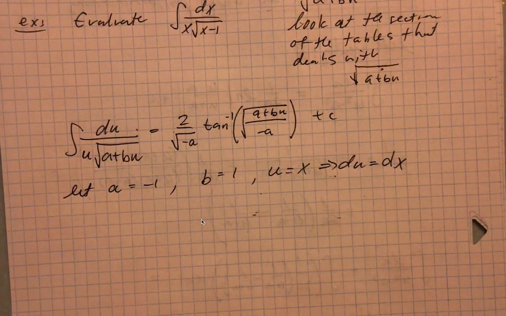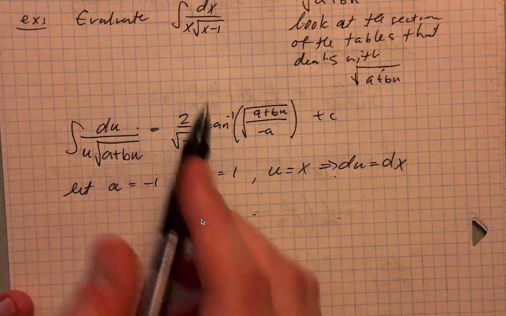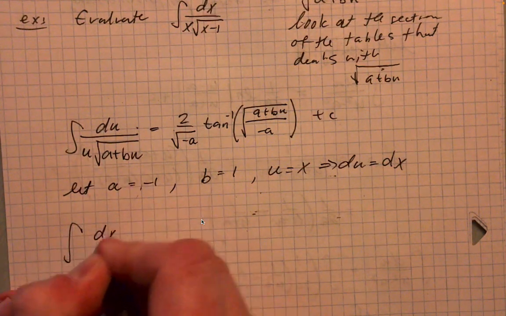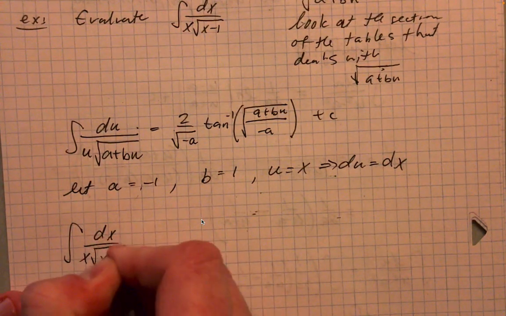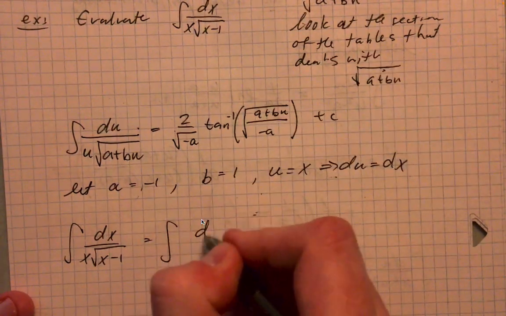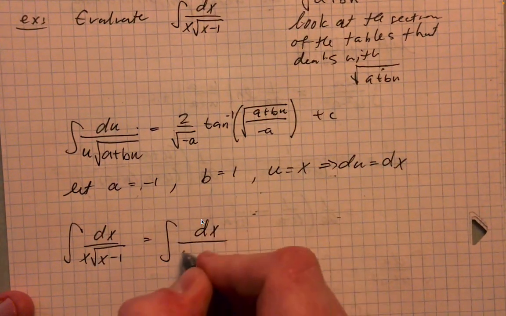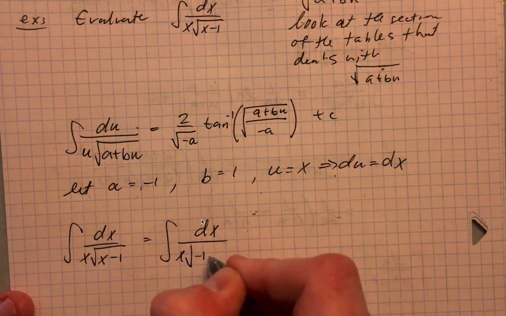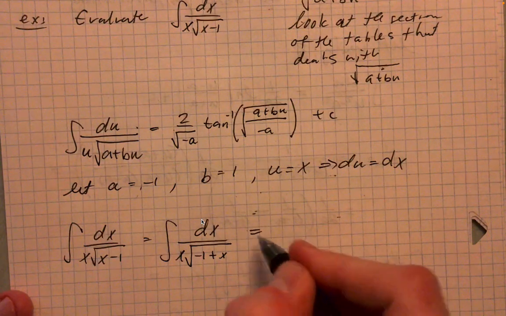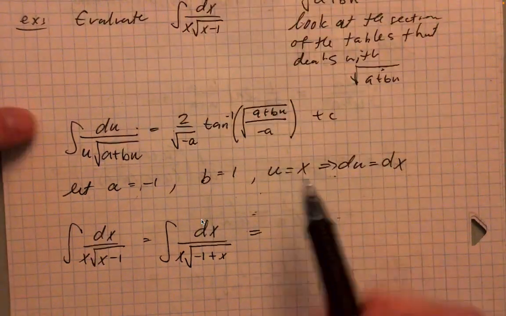Then let's just plug everything in here. Let's take the integral itself, dx over x times the square root of x minus 1. Let's rewrite this a little bit, square root of negative 1 plus x. And so we can see that this is definitely going to match this form.